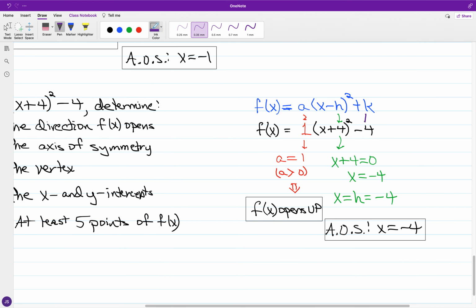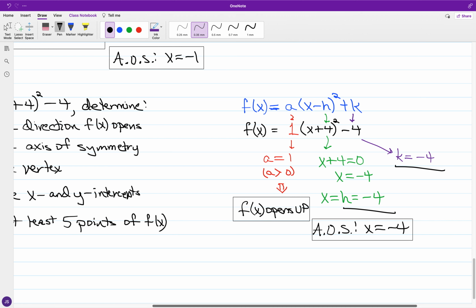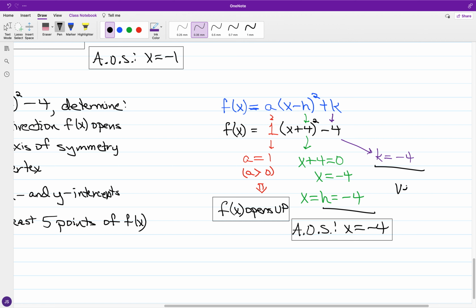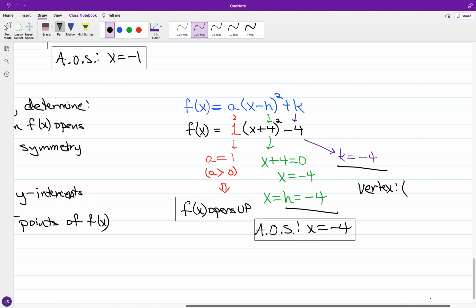Again, the k value is going to be -4. So we've got h is equal to -4, k is equal to -4, and for the vertex, with h and k, we have (-4, -4).